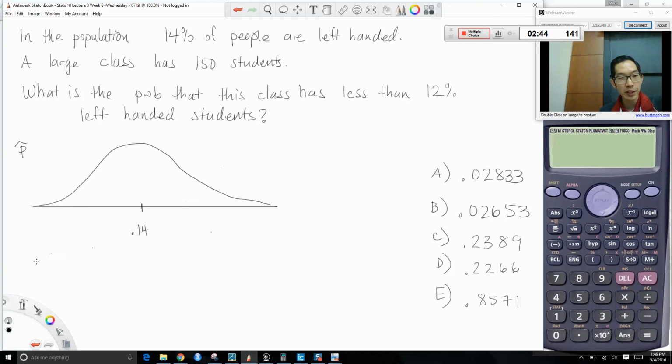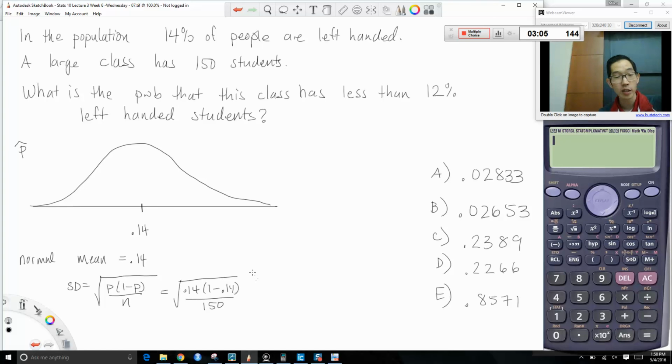We can say that it's approximately normal where the mean is 0.14 and the standard deviation is the square root of p times 1 minus p over n. So our standard deviation is going to be 0.14 times 1 minus 0.14 divided by our sample size 150, and if I did the math here correctly, I got our standard deviation to be 0.02833.